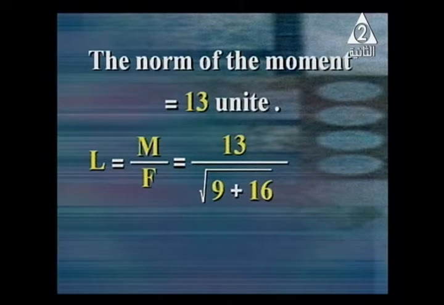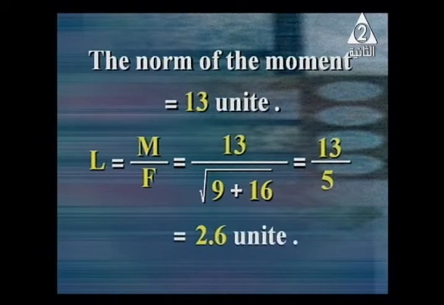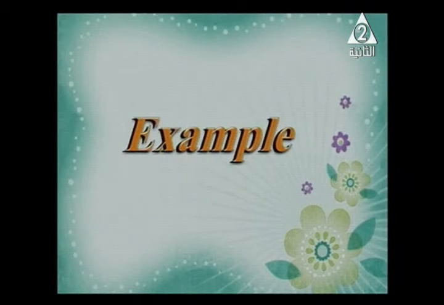Square root of 3 power 2 plus 4 power 2 equals 13 over 5 equals what? 2.6 units. The norm of the moment equals 13 units, and the length of perpendicular L equals M over F equals 13 over 5 equals 2.6 units. Now we move to another example.